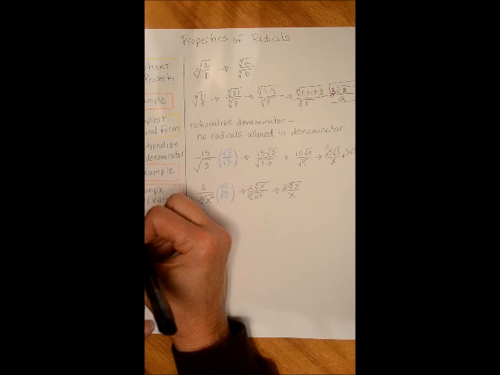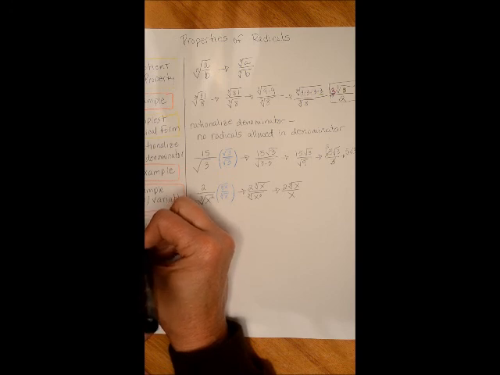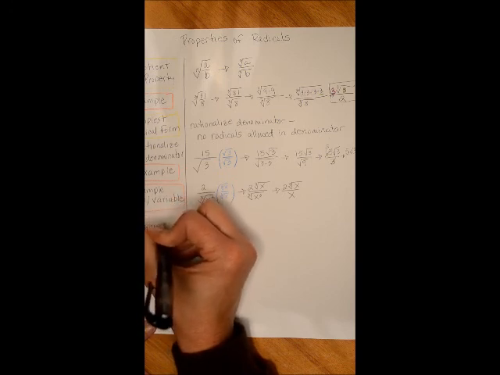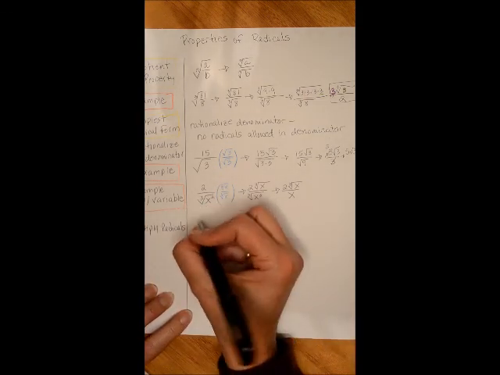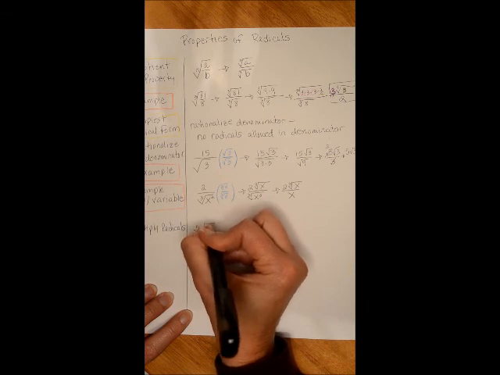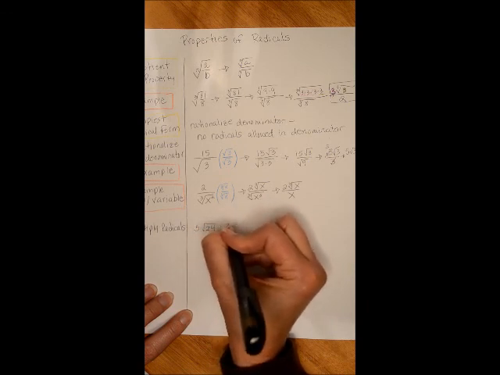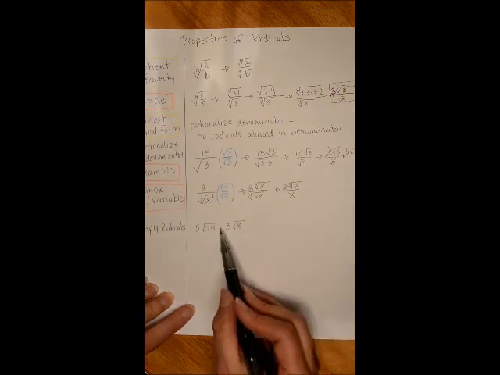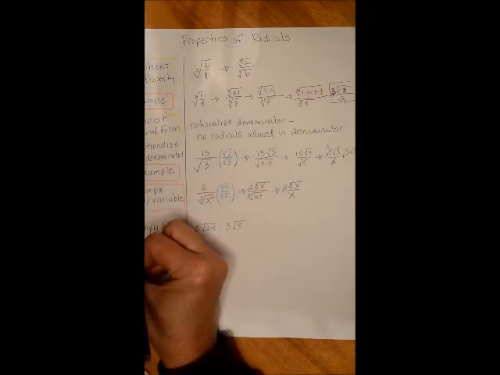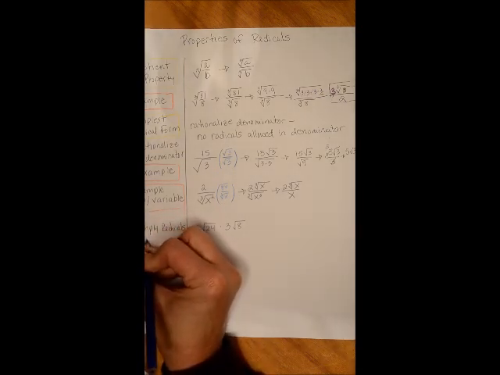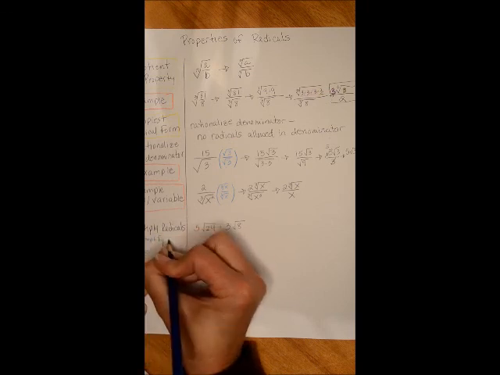Let's look at multiplying radicals, because this is the other part of it that you need to know. So if I have something like this, and I want to multiply this together, I'm going to have to look at these kind of separately. The first thing I'm going to do, my step one, is to simplify the radicals.